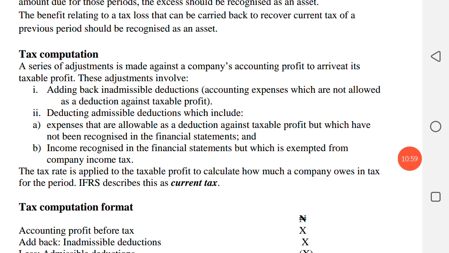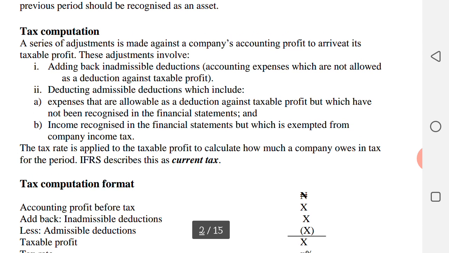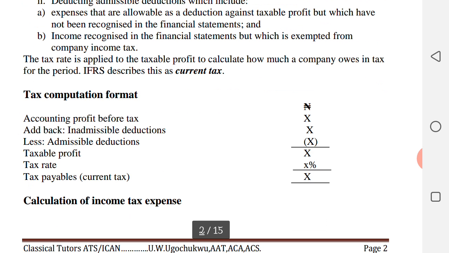So how do you get your taxable profit? You start with your accounting profit before tax, then you make adjustments.